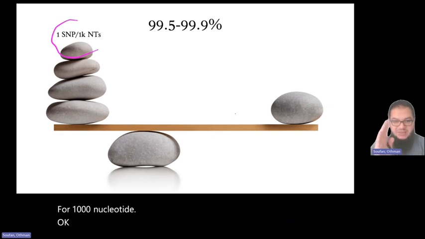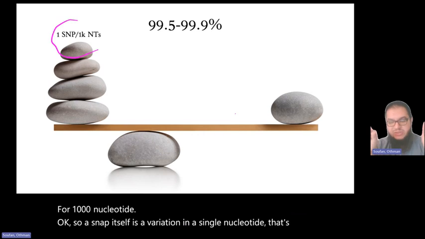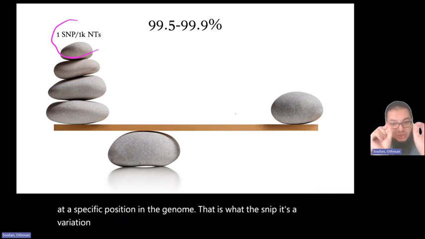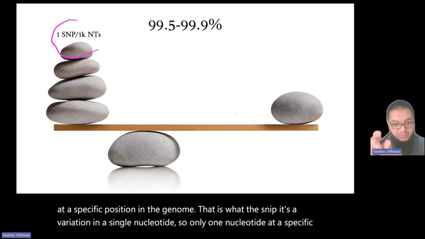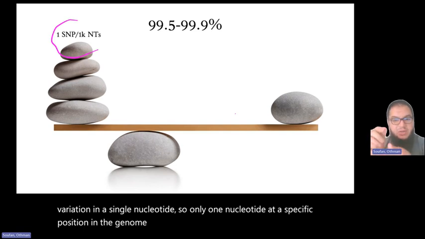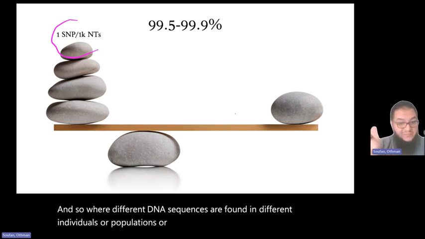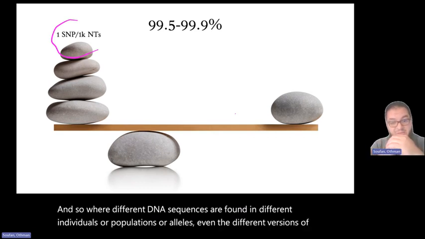So a SNP itself is a variation in a single nucleotide that occurs at a specific position in the genome. That is what a SNP is, a variation in a single nucleotide, so only one nucleotide at a specific position in the genome. Different DNA sequences are found in different individuals or populations, or alleles, the different versions of that DNA sequence.